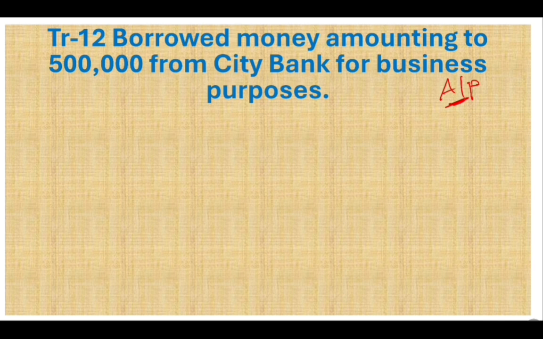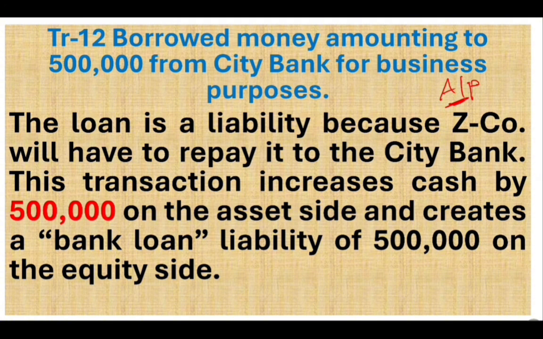We can write it as bank loan, or we can write it as account payable, because both are accounts that are going to be paid in the future. We can put it under account payable to make things very simple. The loan is a liability because the company will have to repay it to Citibank.